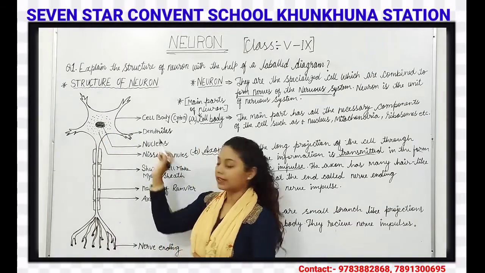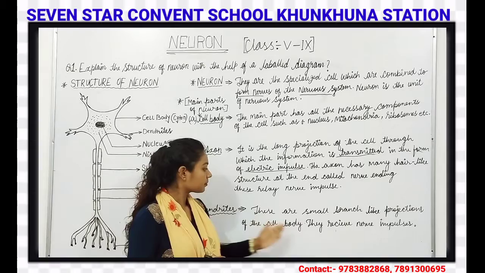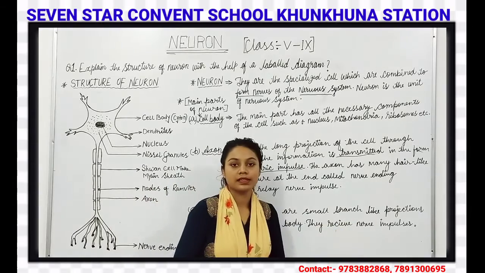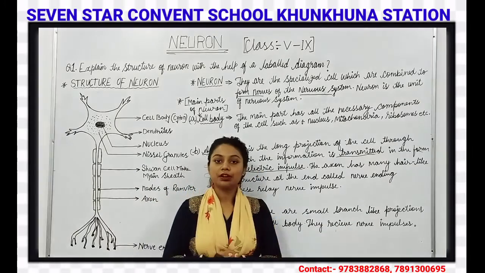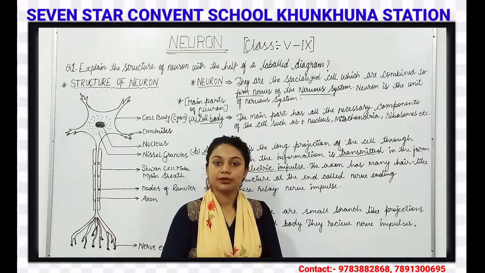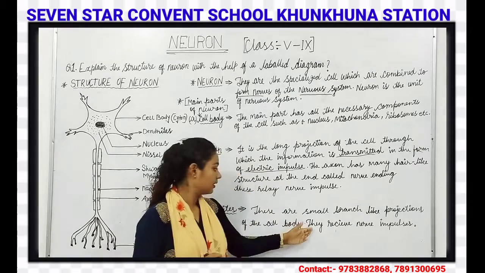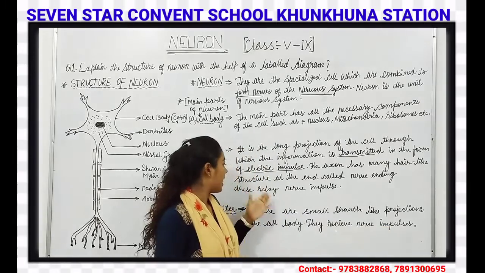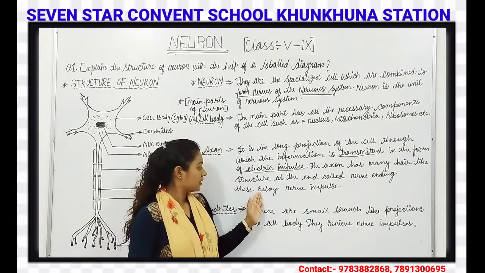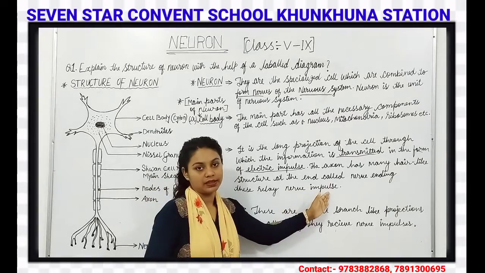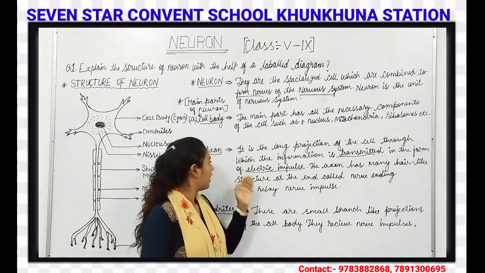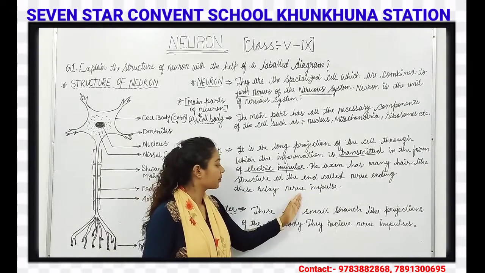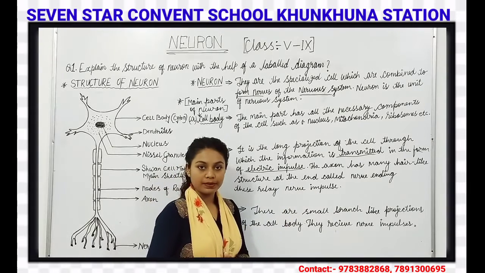They receive the nerve impulse. As I have told you, the first direction of the nerve impulse, the message, is the dendrite. So the dendrite receives, and the axon relays the nerve impulse.